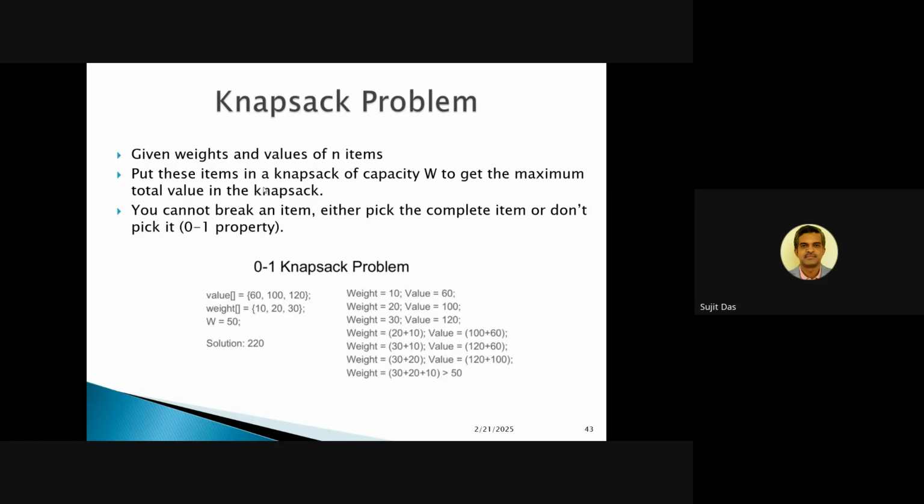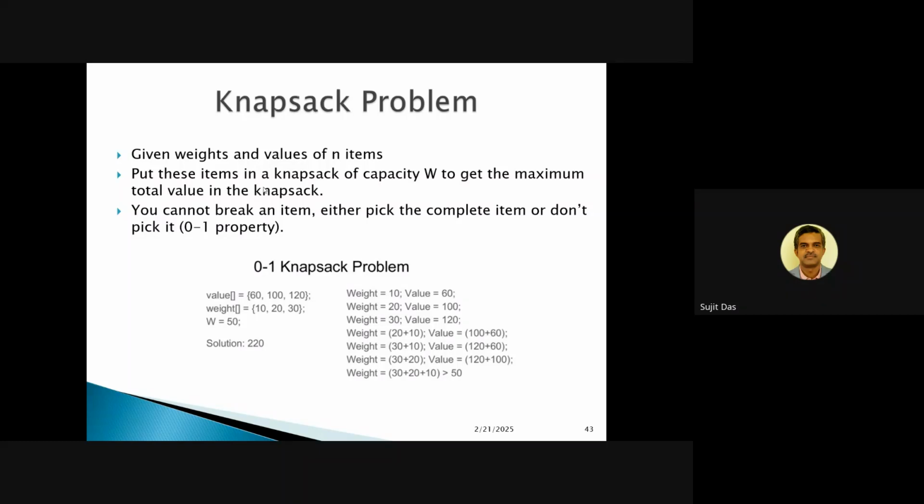So what is the situation here? An item you may put in the bag, or you may not put in the bag. That means for each and every item, there are only two values, yes or no. Here, item means problem parameters.